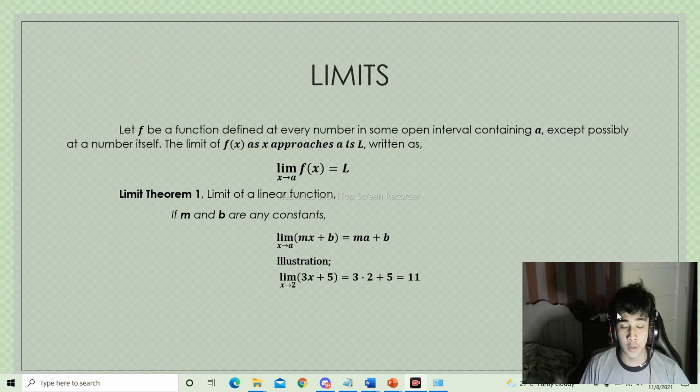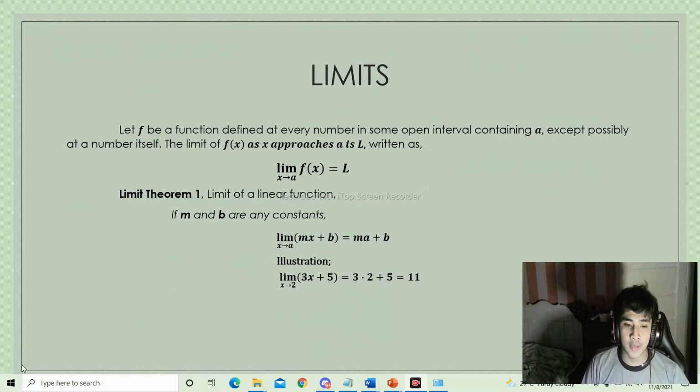So there are a lot of various theorems regarding limits. Limit theorem 1, or limit of a linear function: if m and b are any constants, then limit of m times x plus b as x approaches a is equal to m multiplied by a plus b.